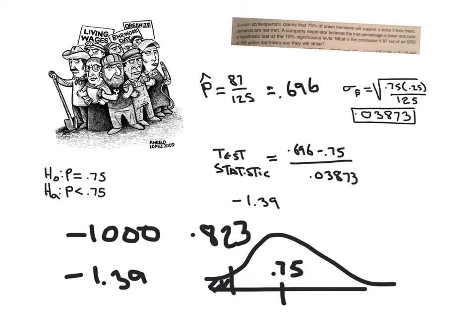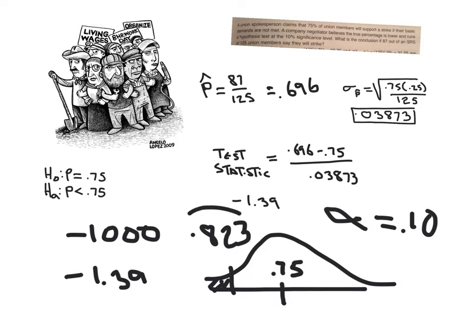What that tells us is that if the union really was at 75% wanting to strike, getting a sample like this right here, well, it's only got an 8% chance. Well, remember, what is our alpha level, by the way? It says in the problem, the alpha level is 10%.